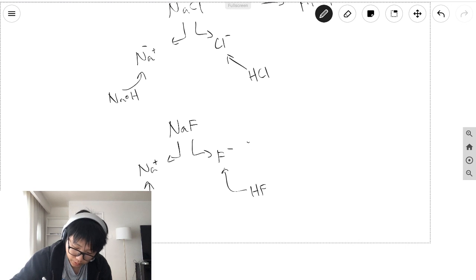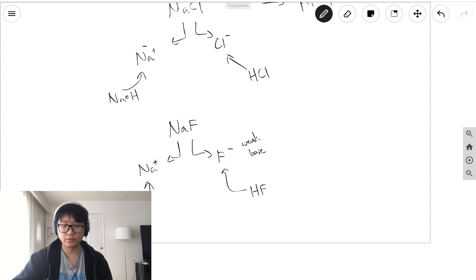So this is going to be a weak base because it's a conjugate of a weak acid. So a weak acid pairs with a weak base, a strong acid pairs with a very weak base. So I guess I'll write a chart here.